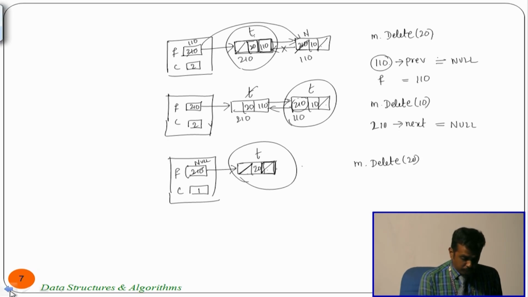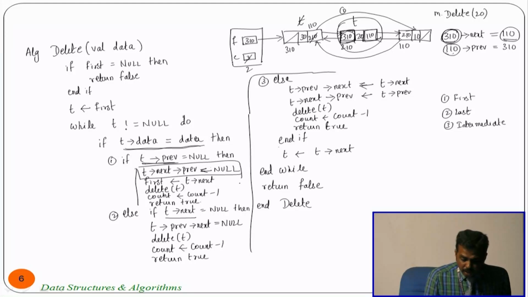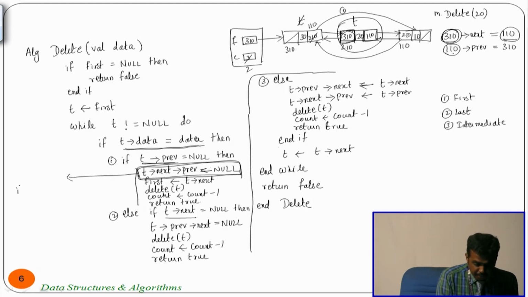So only if T of next is not equal to null, then T of next of previous is equal to null. Else, first equals T of next.